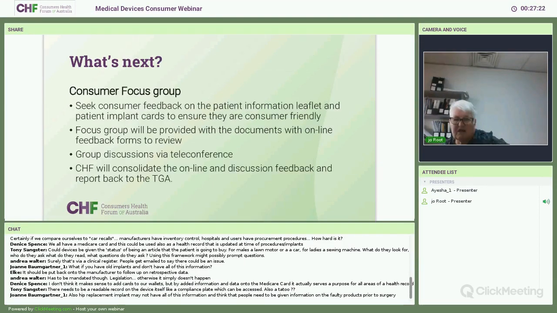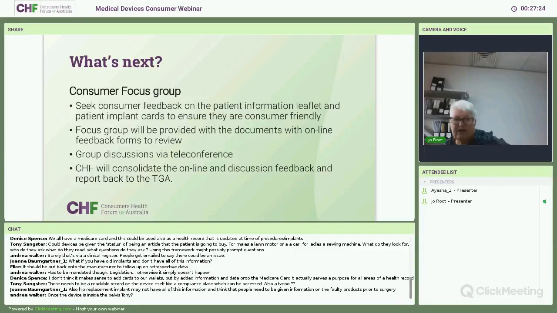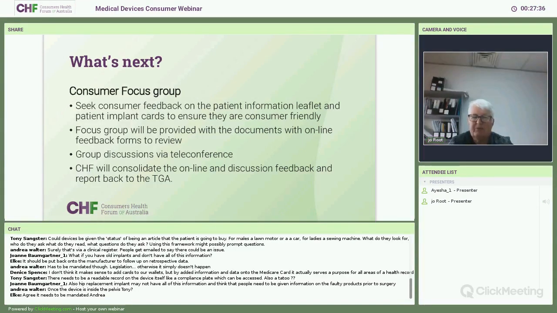So what we're going to do now, and I will go to some of the commentary in a minute, and some of you have already registered to be on our focus group, is put together a consumer focus group to seek your feedback on the patient information leaflet and patient implant cards to ensure they are consumer friendly.